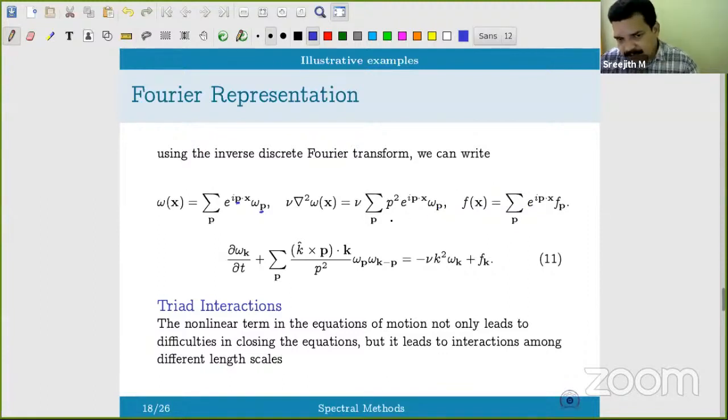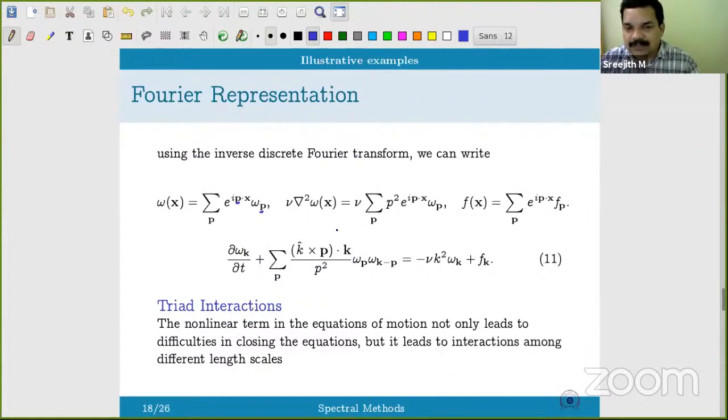Now, if you substitute that in the governing equation, it is dou omega k by dou t. Here omega k is the vorticity at wave number k.